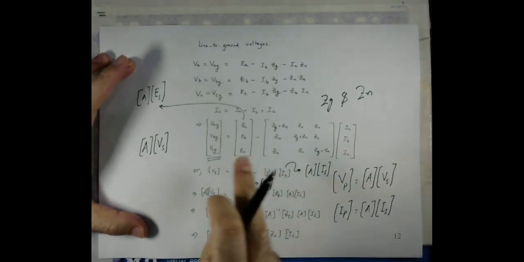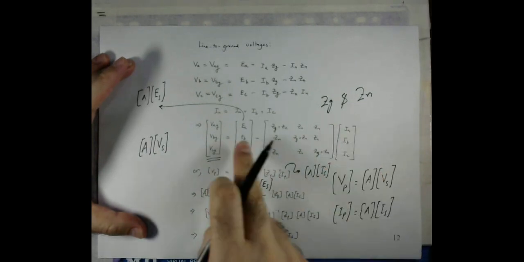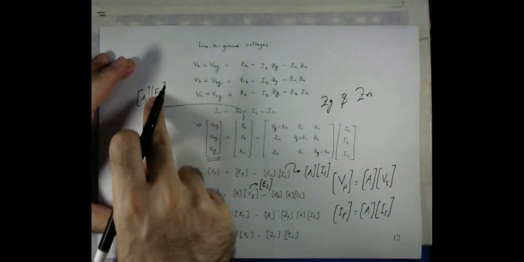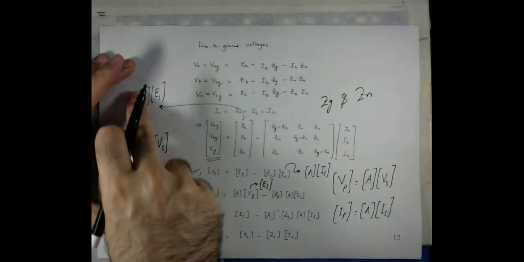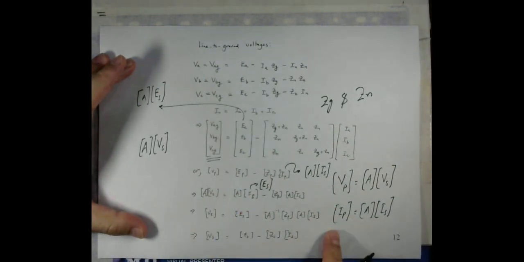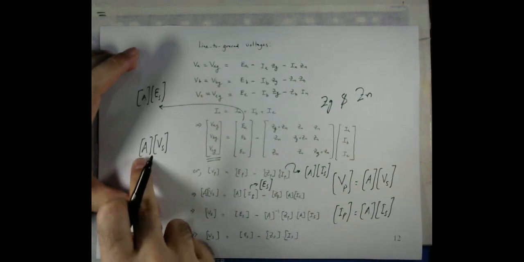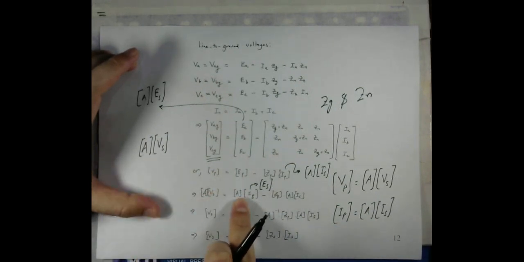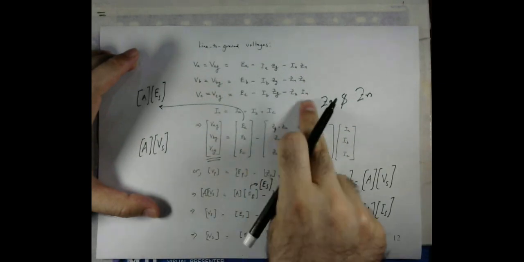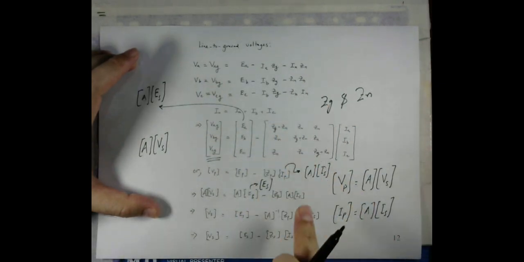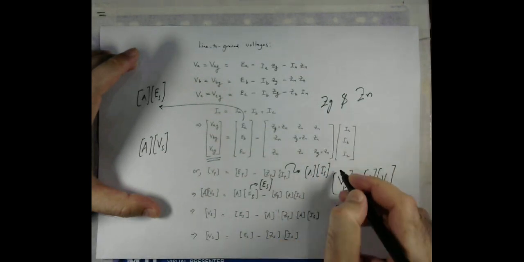So now for each matrix, if we replace them with these expressions, we get basically on this side Vs. First we have obviously this term, then we have A Es minus Zp, which is the impedance matrix, into A Is, which represent the phase currents.